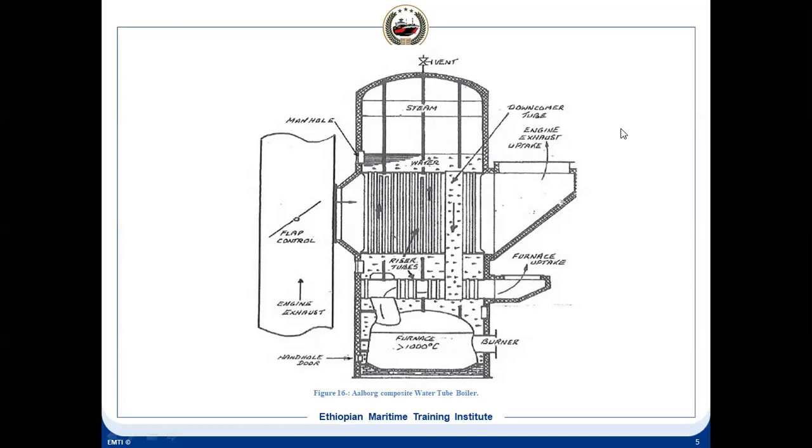Just like the example which I was showing you earlier, there also one part is water tube, the other part is smoke tube. So you could say that is also more like a hybrid boiler. It's a bit of both.